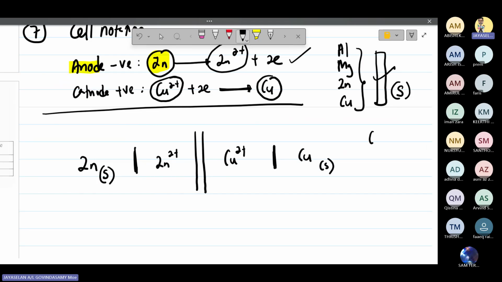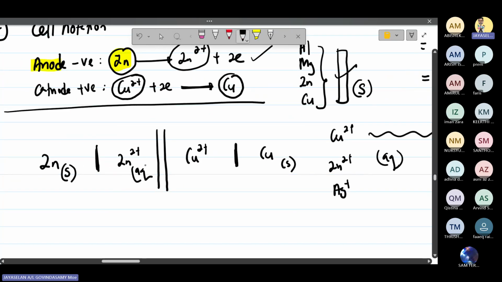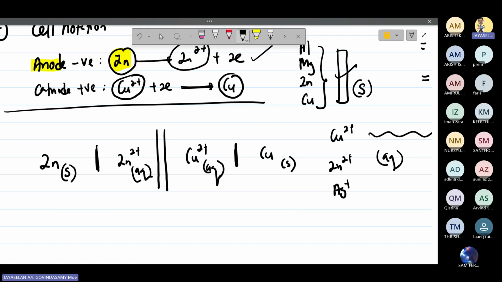Understand? When you see copper 2 ion, zinc ion, silver ion, these are all from solution. For solution you must put aqueous. So this one you put aq, this one you put aq. You score 2 marks. Any question?